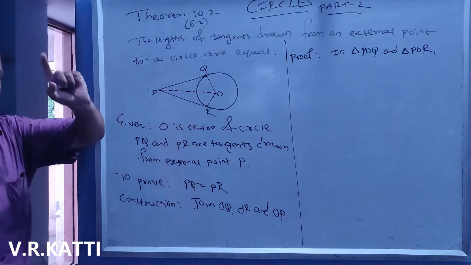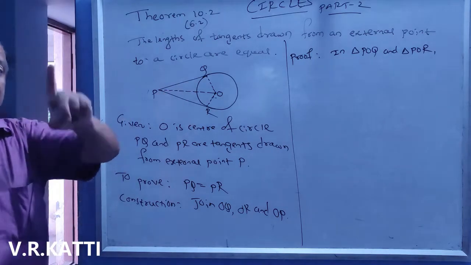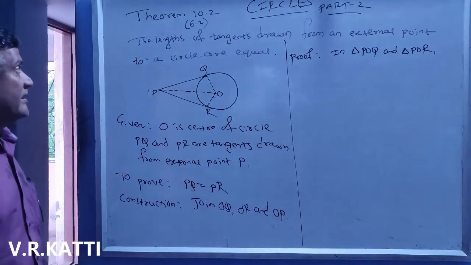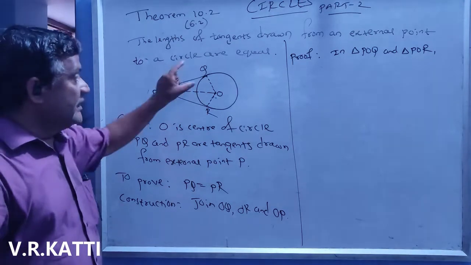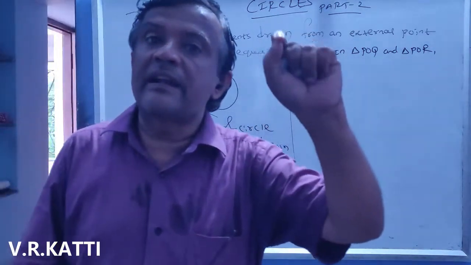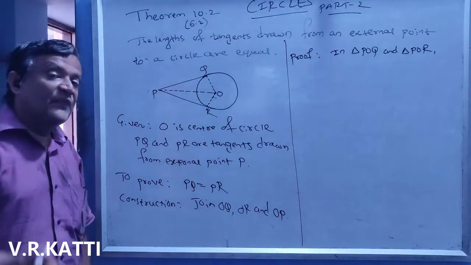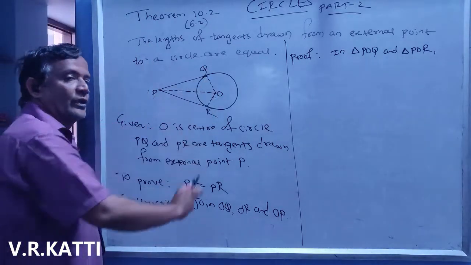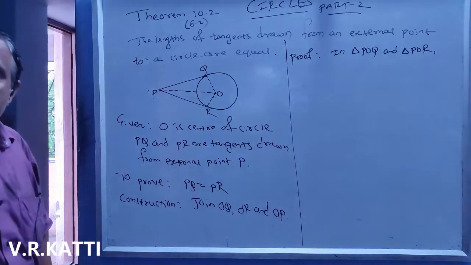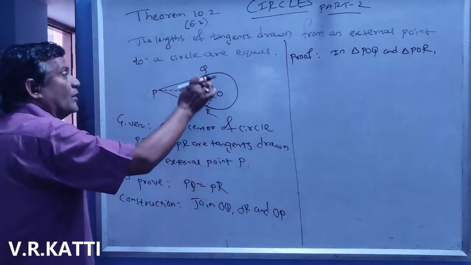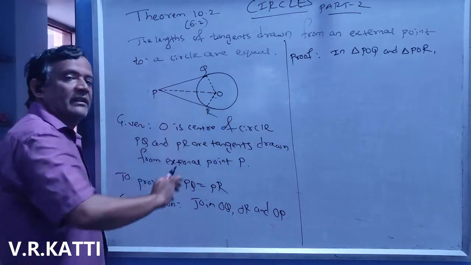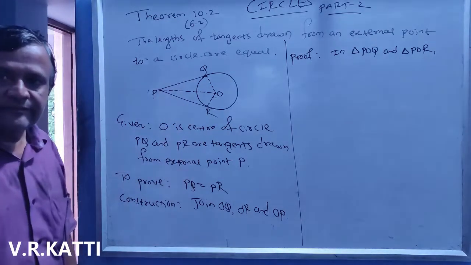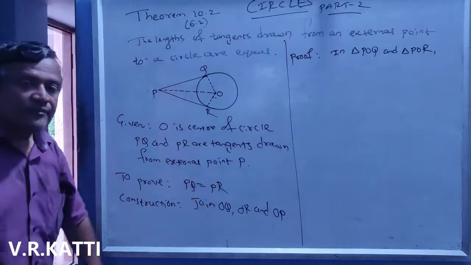Here, how to prove? You already studied RHS congruence in the 9th standard, and in theorem 10.1 you studied that the radius and tangent are perpendicular at the point of contact. If it is perpendicular, you have to write 90 degrees. Radius OQ, tangent PQ, so they are perpendicular to each other. So angle OQP is 90. OR is the radius, PR is the tangent, so angle ORP is 90.